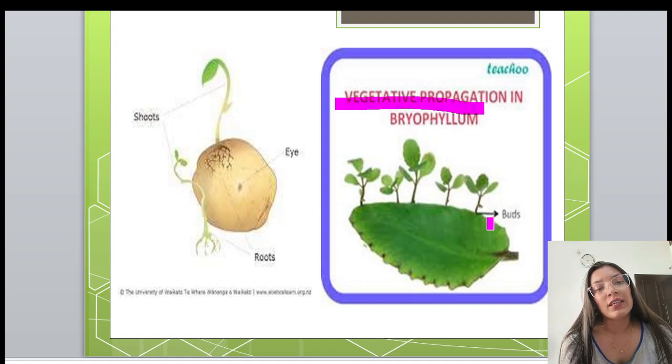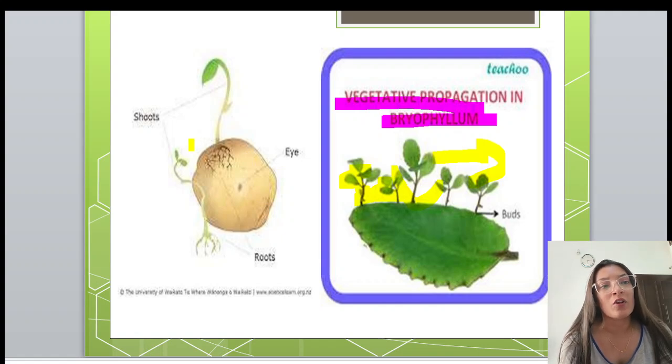For example, this is a leaf of a plant called bryophyllum. Now, what happens in the bryophyllum leaf? You can observe at the margins, at the tips, these buds are coming out. Now, if I pluck one of these buds and put it in soil, a new plant will arise. Similarly, in the case of potato, if you have left a potato for a few days at your house, you will observe that small plants start growing on it.